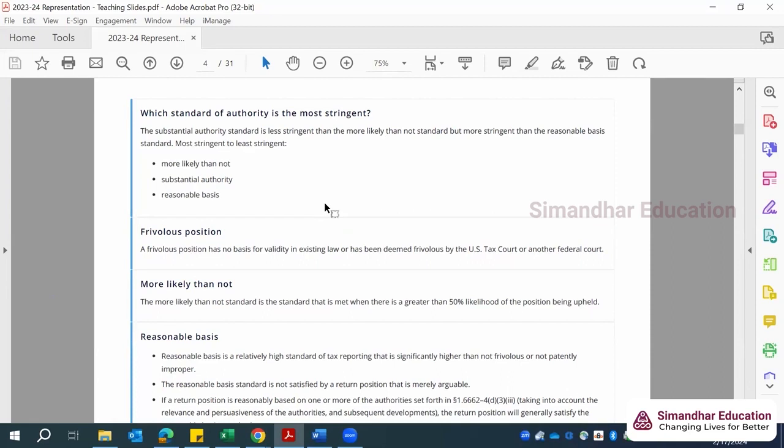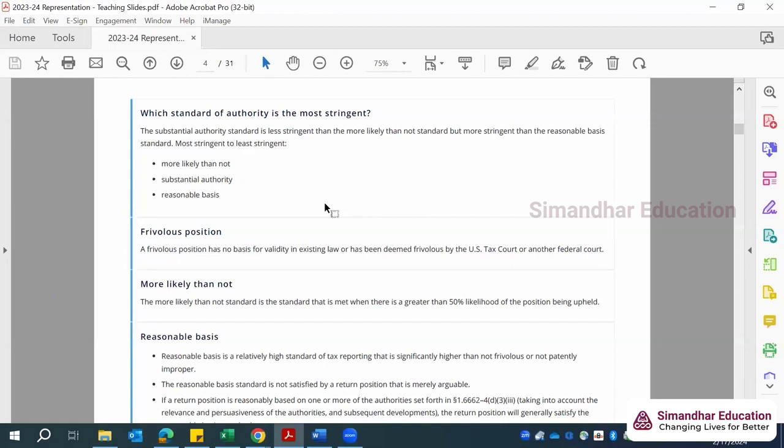And if your position is questioned in a court of law, then there should be more than a 20% chance that the court is going to consider your position as valid.